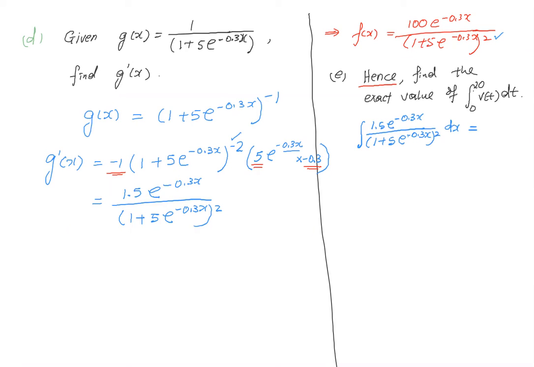What is the integral for this? Yes, gx. So bear in mind, if you integrate g prime x dx, you get back your gx. Understand? Okay, so I write down 1 over 1 plus 5e to the power -0.3x.